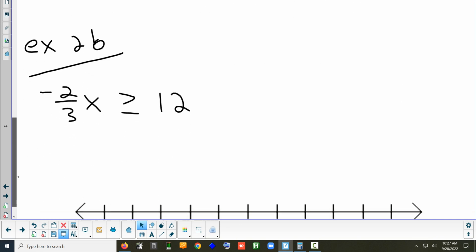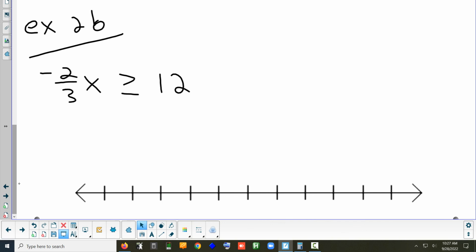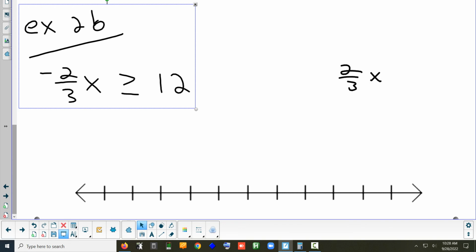Okay, let's do this one together. Negative 2/3 x is greater than or equal to 12. This time we have a fraction in front of a letter. Does anyone remember, if this was an equation, we haven't used this in a little while, but we talked about it.